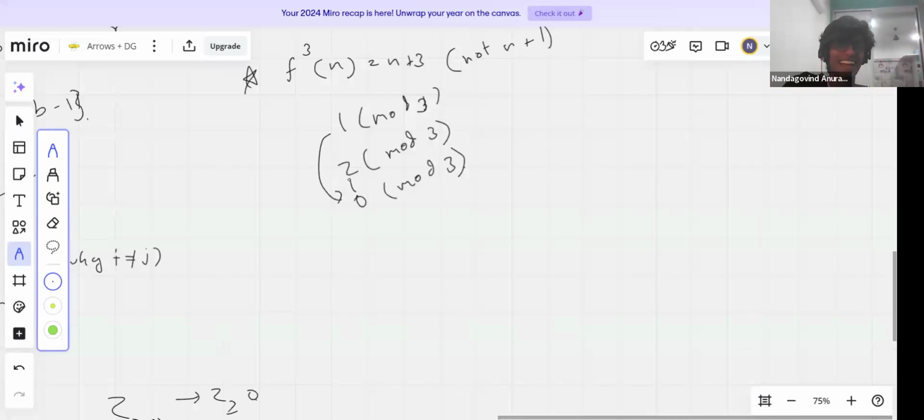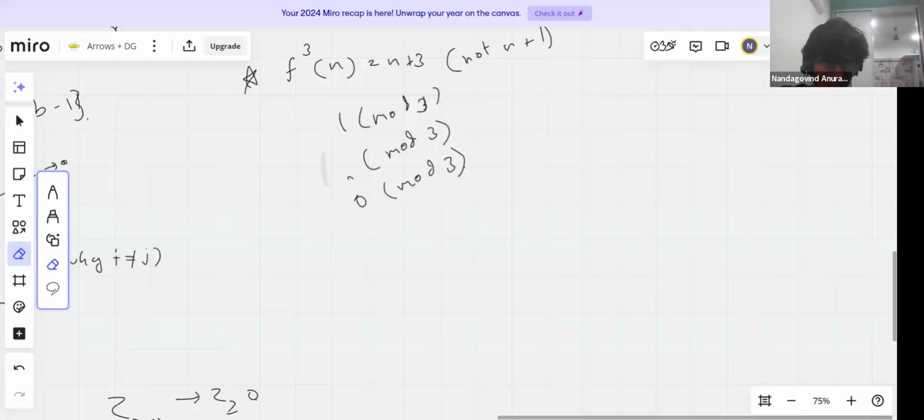So for example, n plus 1 will give 0 goes to 1, 1 goes to 2, and 2 goes to 0. Instead of that, let's just reverse the loop, which is the only other way to do the function, because this is 3.